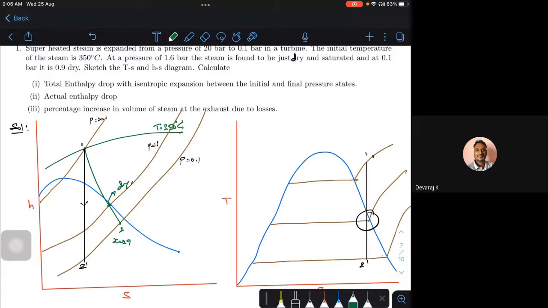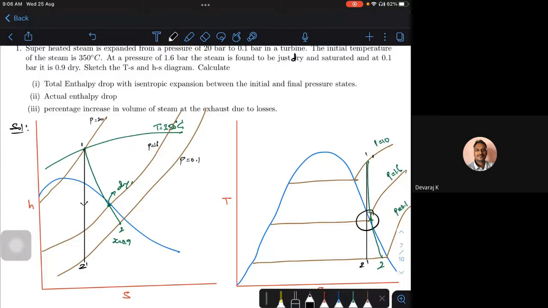So it is dry saturated at this particular point on an actual condition, and it is 0.9 dry at 2. So this is your P is equal to 10 bar, P is equal to 1.6 bar, P is equal to 0.1 bar. So this is how you can draw your HS and TS diagram.